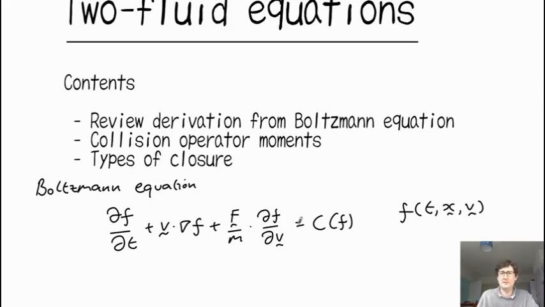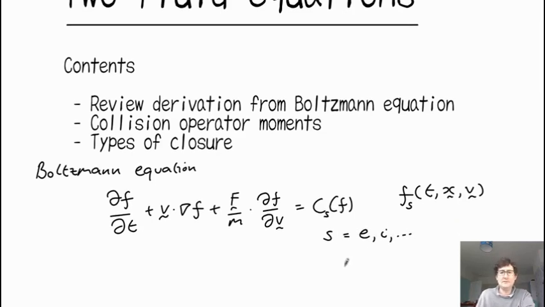And then this is the collision operator, which combines collisions with lots of other species. If we label S as a species, then this C is for a particular species. S could be electrons or ions, and you may have multiple ion species, for example.